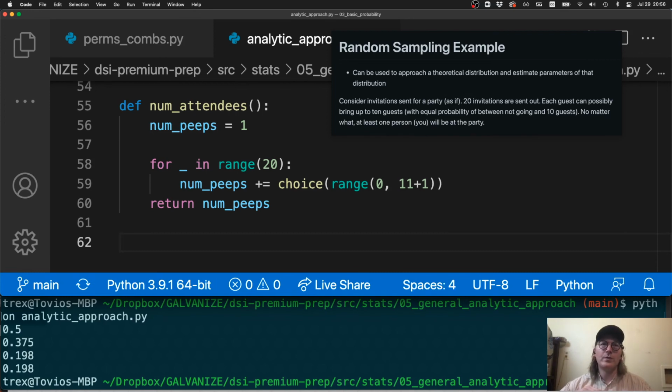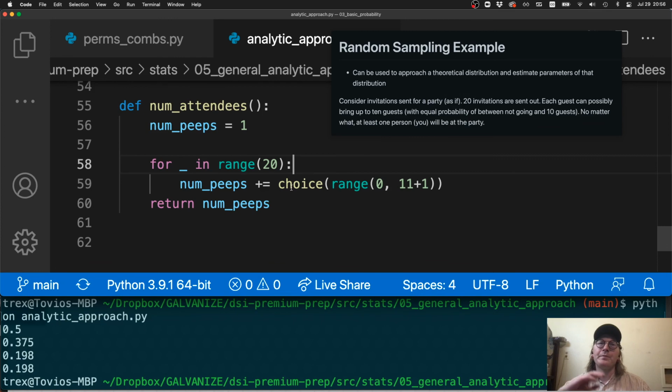And we made a choice here, not just the choice function, but we made a choice in that we're deciding that there's equal probability that they will bring themselves, bring one guest, bring two guests, bring three guests, bring four guests, bring five guests. So we're making a determination there.